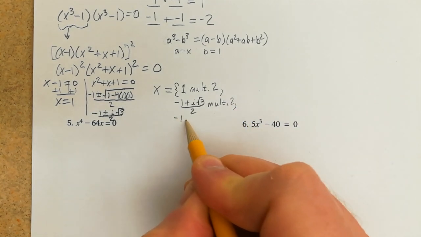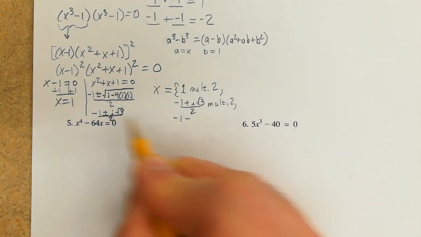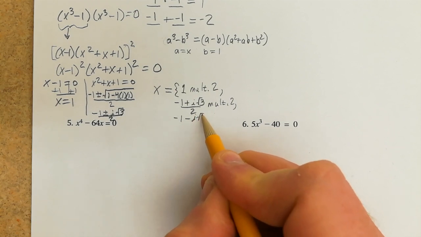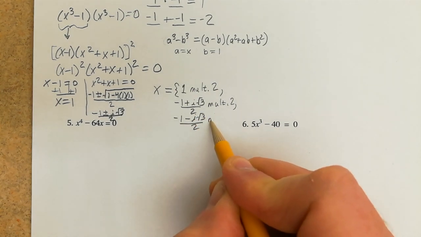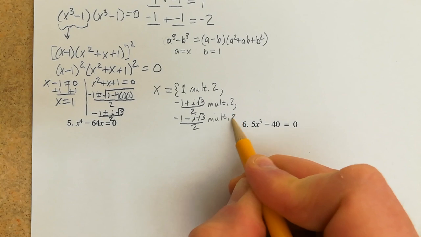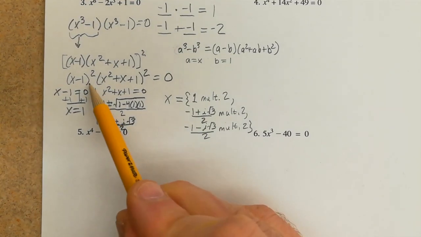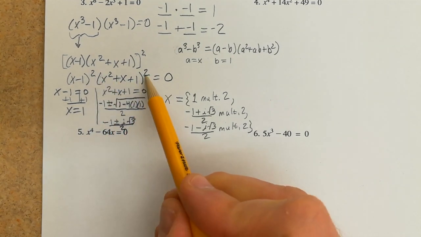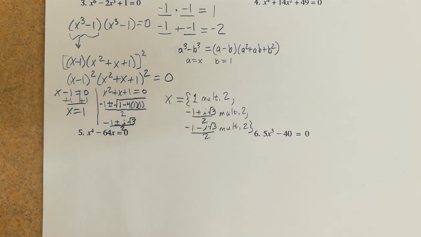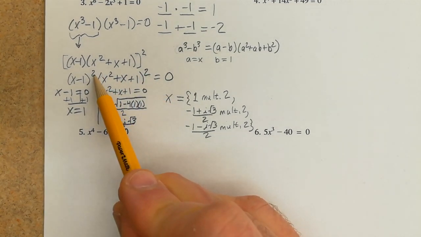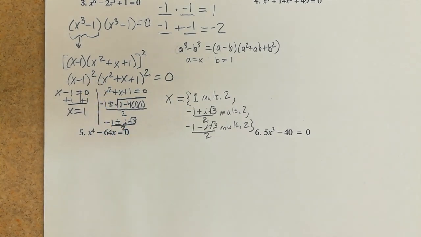And then I also have the minus version here. That also has multiplicity 2. So you're going to have multiplicities mentioned if in your factored form you have exponents greater than 1 on your individual factors. And it's just going to be whatever that number is. Okay, you guys go ahead and do number 4.